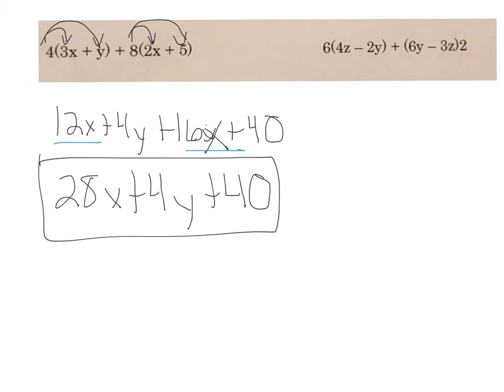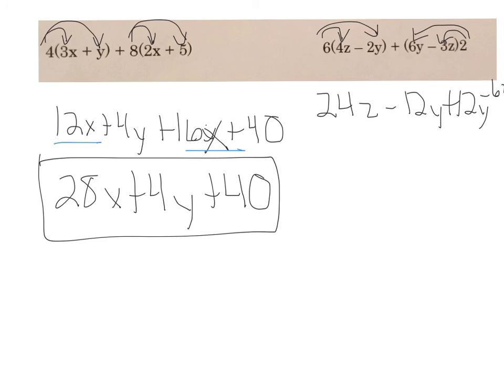Remember, simplest form. Okay, next we have 6 times 4z, which is 24z. 6 times 2y, which is 12y. And then, remember, it doesn't matter what side it's on, you're still multiplying. So here I'm going to do 6 times 2 again, 6y times 2. Minus the 6z.